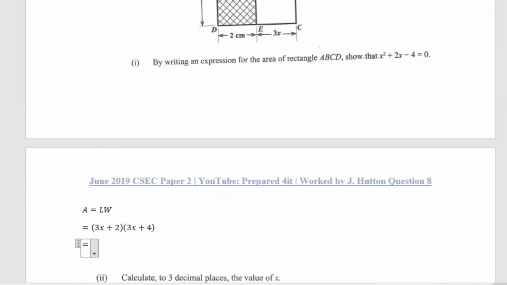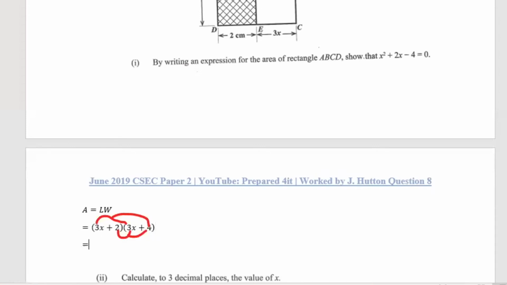So when we work that out, what we're doing first is saying 3x. So let me get my pencil to show exactly. So what we're doing is 3x multiplied by 3x, then 3x multiplied by 4, then 2 multiplied by 3x, then 2 multiplied by 4 in working out the area for this.